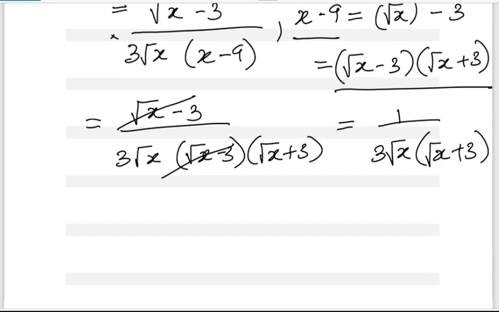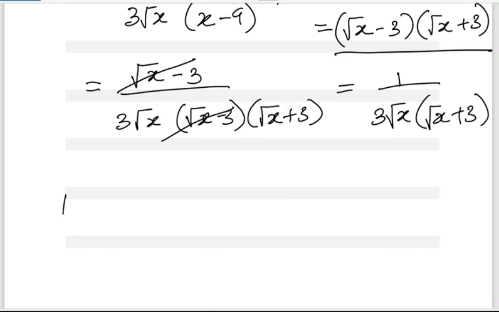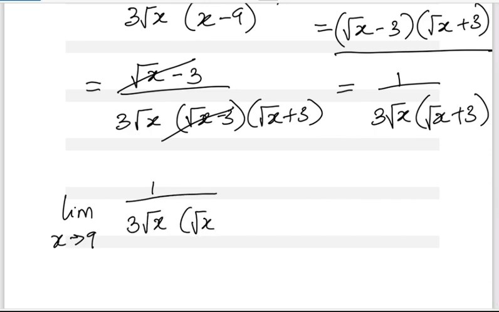And then we're going to apply the limits. And applying the limits, as x tends to 9, all we have left is 1 over 3 root x into root x plus 3.